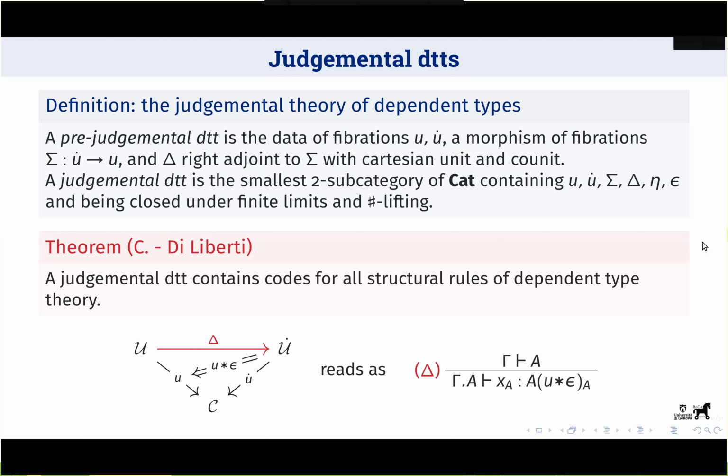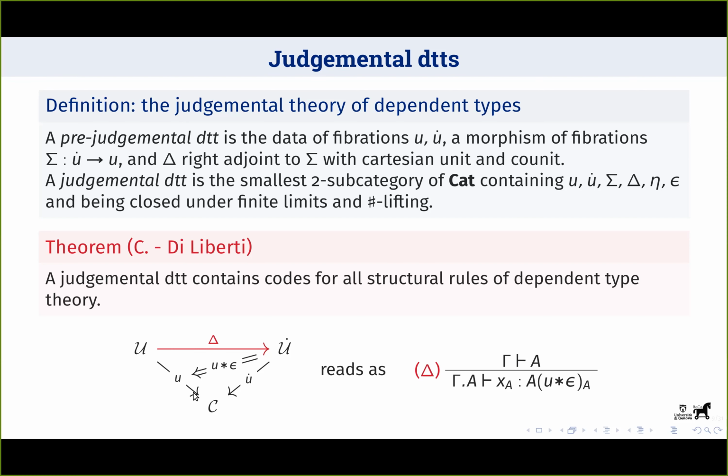So, for example, as I promised, the delta that we're asking to be right adjoint to the typing functor is the one that reads precisely as context extension. And what I meant by wanting triangles to be lax commutative is that if you follow the map starting from U and getting to C on one side, this is where you get gamma dot A, while on the other side you just get gamma.